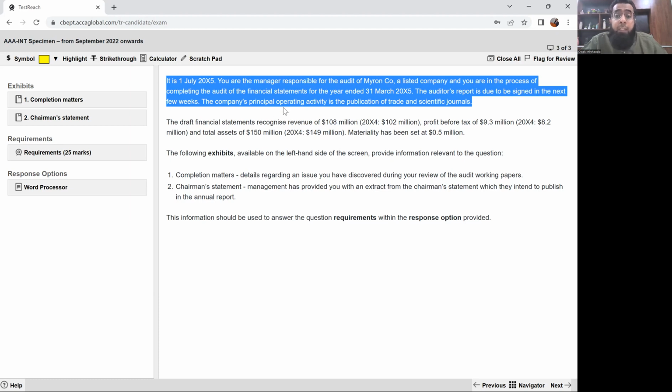The company's principal operating activity is the publication of trade and scientific journals. So we are reading an introduction of the question, and it shows that we are currently in the completion stage of the audit because the auditor's report is due to be signed in the next few weeks.